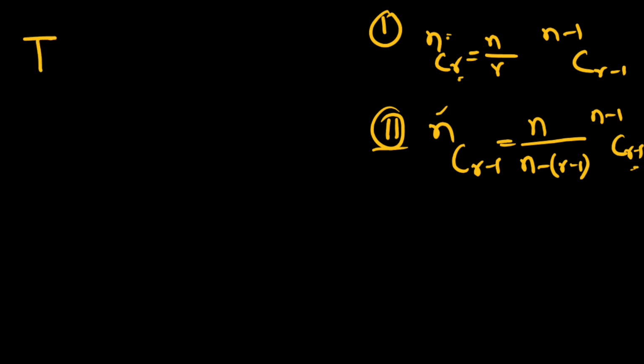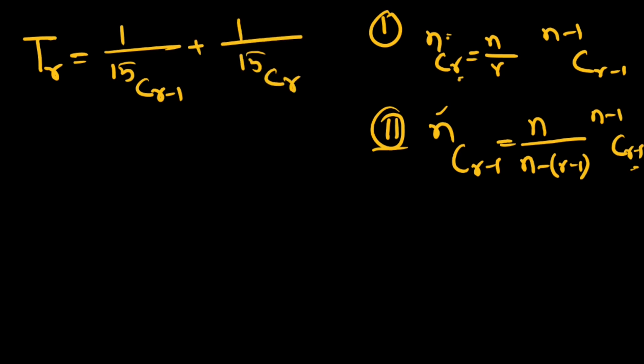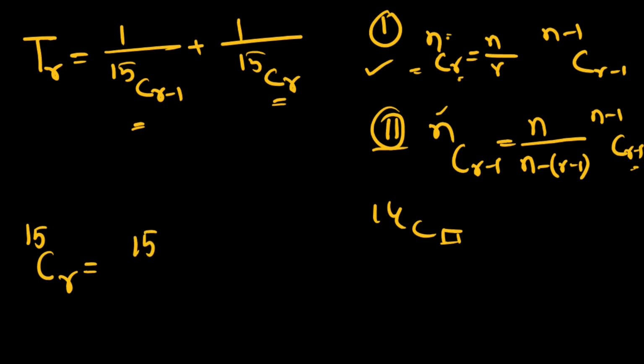Earlier we defined the general term TR as 1 over 15C(R minus 1) plus 1 over 15CR. Now we use these two identities here and here to convert it to 14C something. Therefore, one by one we calculate. First we calculate 15CR using the first identity. So 15CR is equal to 15 over R times 14C(R minus 1).